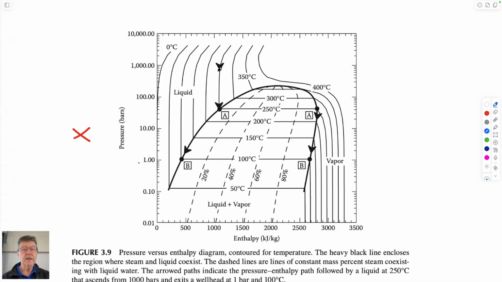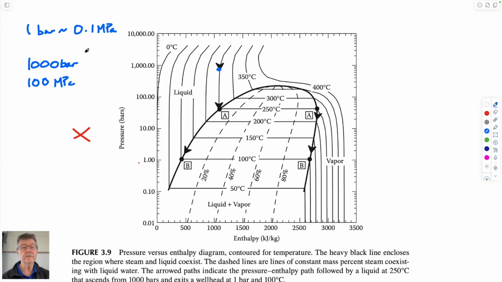Is that if you start in a reservoir which has a pressure of 1,000 bars, so 1,000 bars equals what in pressure is 100 MPa. 1 bar is 0.1 MPa.